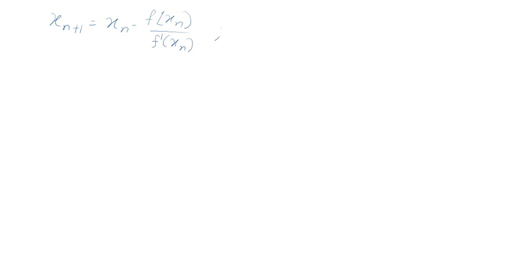So this certainly implies that the phi function is x minus f of x divided by f dash of x. So we know that if you appropriately choose the initial approximation, this definitely converges.